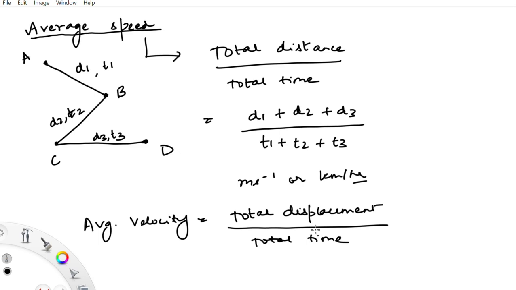And the same properties, that average speed is a scalar quantity. It can never be negative. Average velocity on the other hand can be negative or it can be zero. Why? Because the displacement can be zero or negative, and average velocity is a vector quantity, average speed is a scalar quantity.